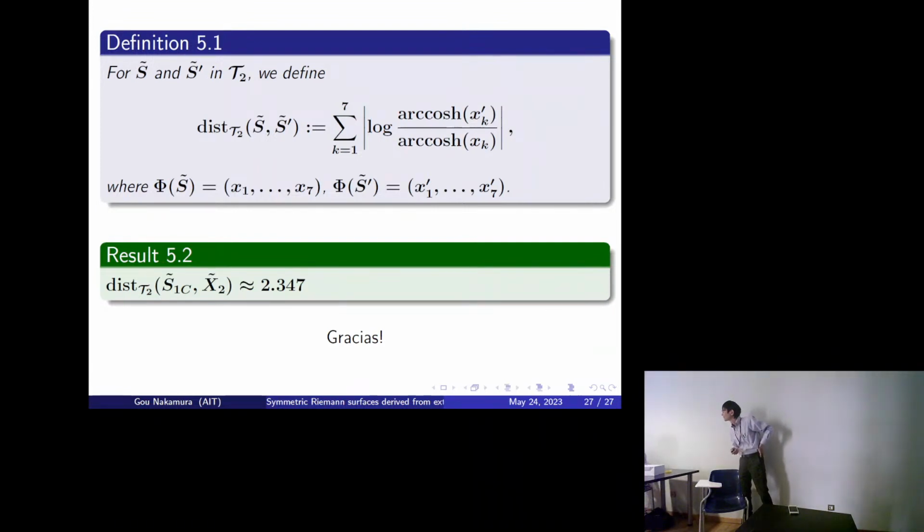So your coordinates depend on a choice of the ordering of your Weierstrass points. Yes, that's right. So if there is a different ordering, do you get a different number? A different ordering means a different marking.